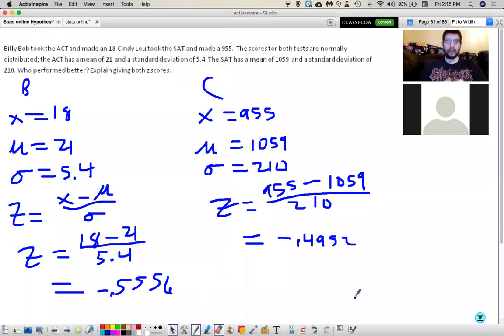And surprisingly, something else that gave you guys a lot of trouble on this, you couldn't tell me which number was bigger. The bigger the z-score, the better. So which one of these is bigger? Cindy's bigger.